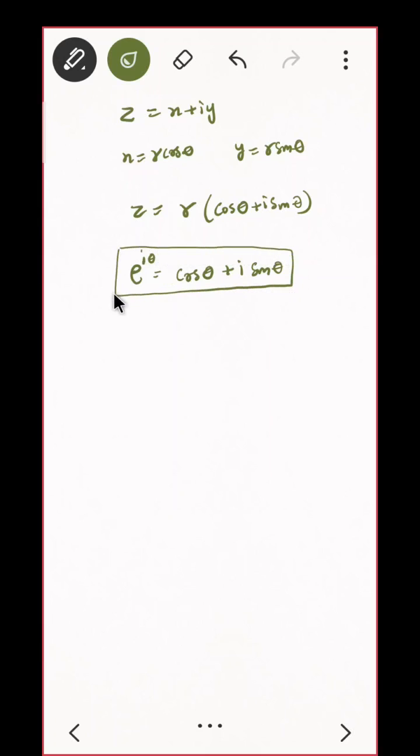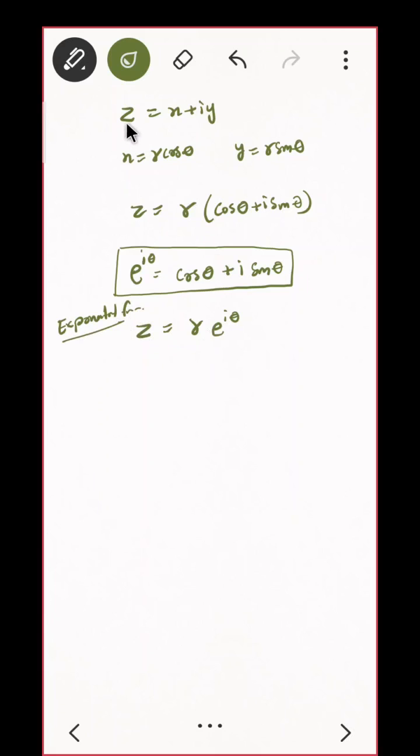Correct? So your z is now in this form, that is r e raised to i theta, which is the most important form, that is exponential form. What are the uses of this exponential form?